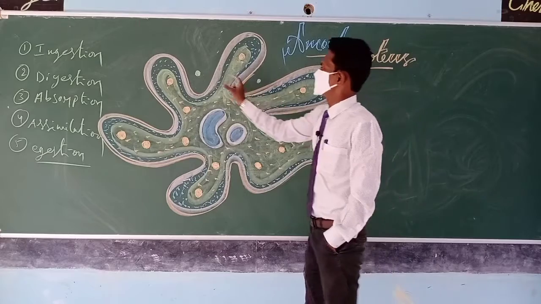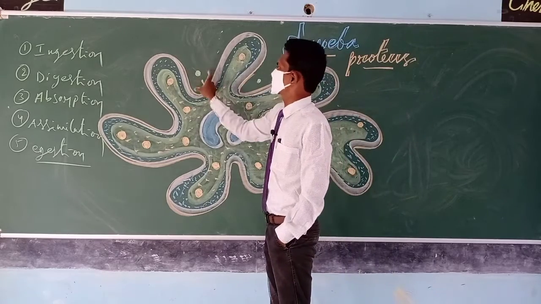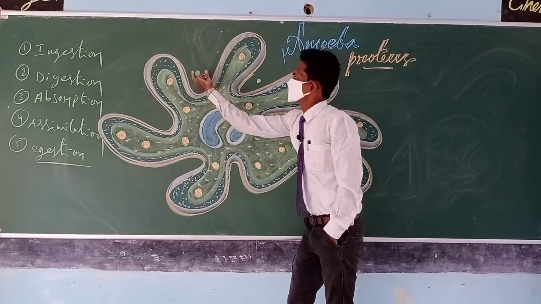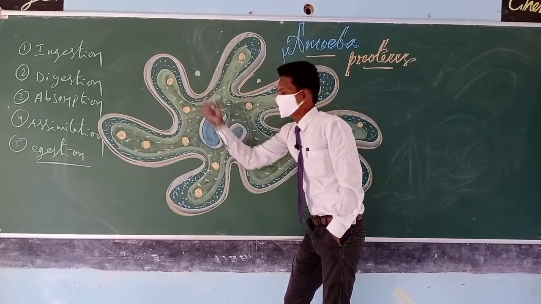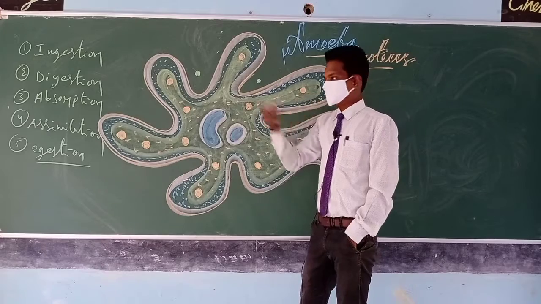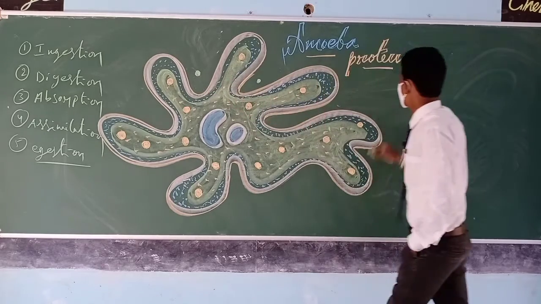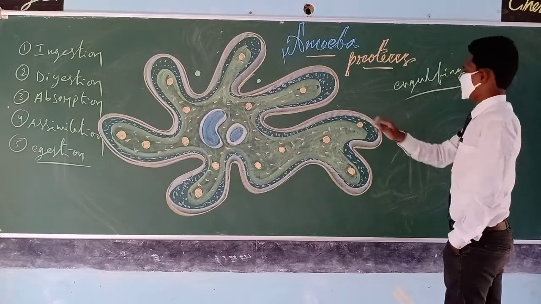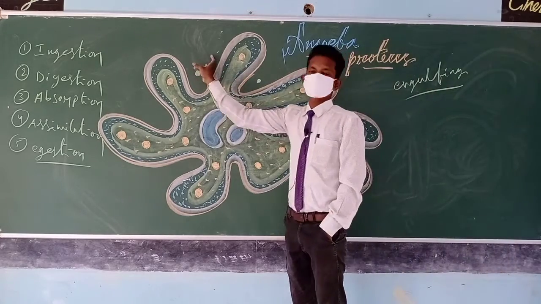These finger-like projections capture the food particle, the paramecium, and after capturing, the captured particle is taken into the cytoplasm, that is called engulfing. So engulfing of the food particle is done by the pseudopodium.